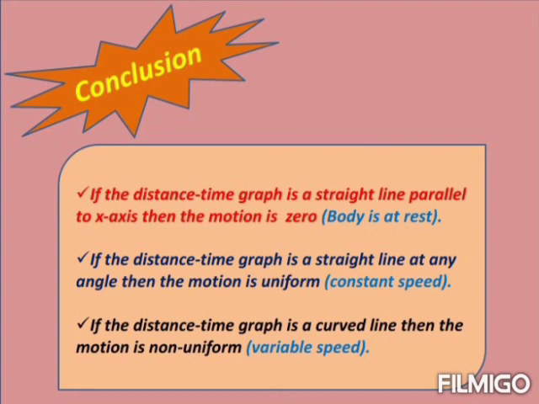It means speed will be 0. And if the distance time graph is a straight line at any angle, then the motion is uniform, that is a constant speed. Constant speed means there is no acceleration but the speed is constant. And if the distance time graph is a curved line, then the motion is non-uniform, variable speed.